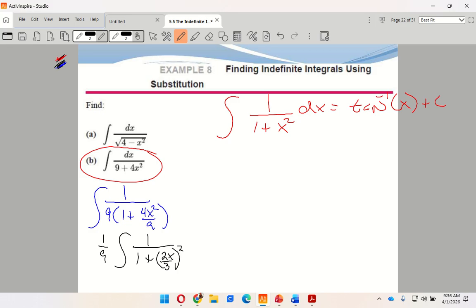What do I do now, Blade? Yeah. So I'm going to say 2x over 3 is my u. So my du is 2 over 3 dx.